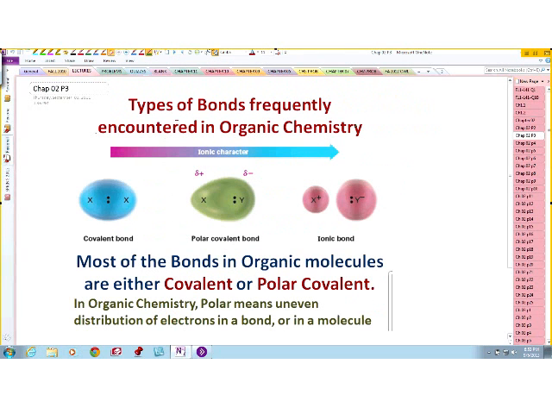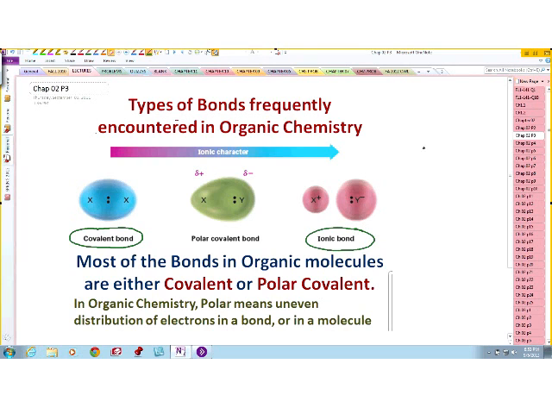If you recall, last week, how many types of bonding did we tell you that we have in organic chemistry according to the valence bond theory? 2. We told you that we have covalent bond and we have ionic bond, right? Those are the 2 we gave you.